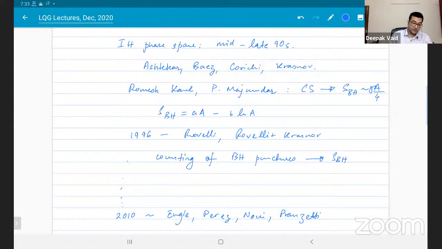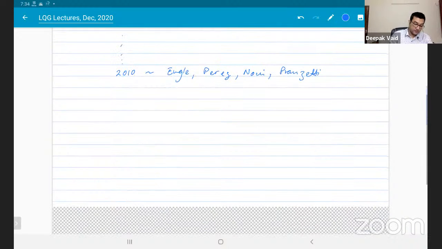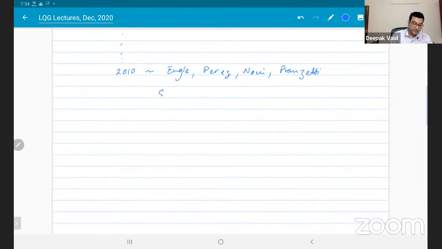So these guys filled in all those gaps and showed that you do get SU(2) Chern-Simons theory on the horizon. It made everything completely solid.